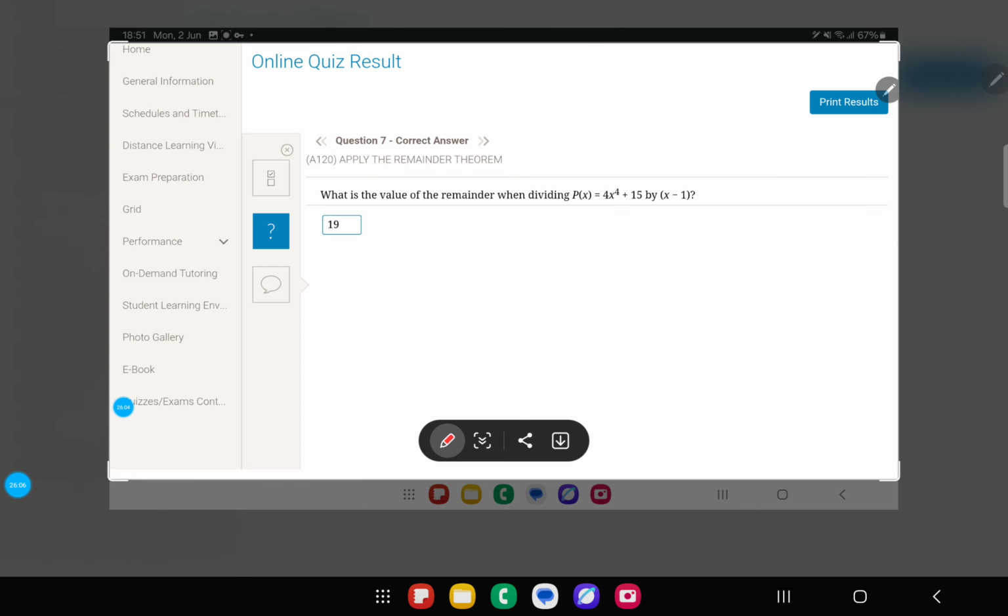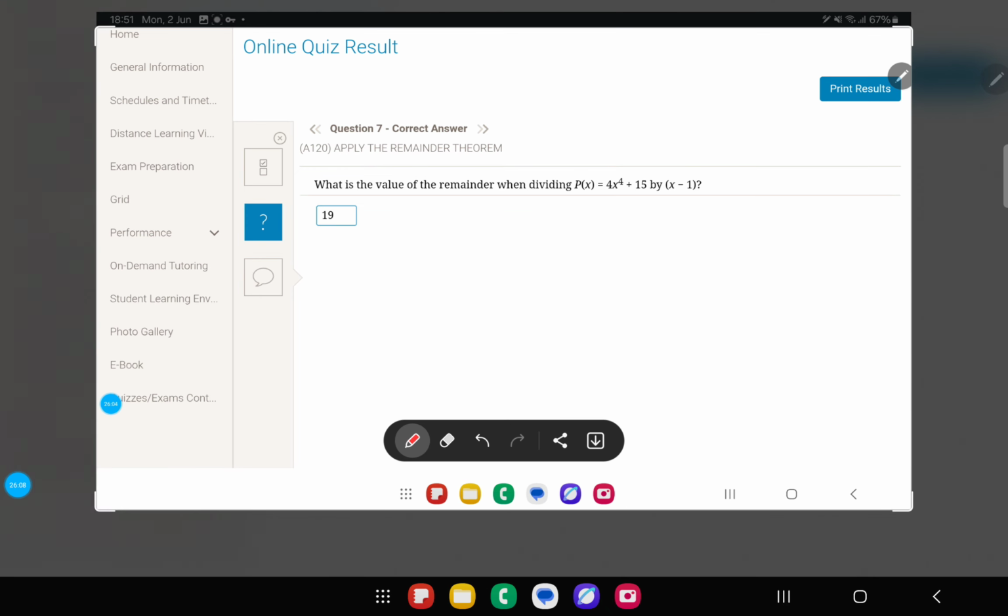Okay. Now we're gonna use the remainder theorem, like I showed you. You're just gonna make x minus 1 into x equals 1. Now we're gonna substitute 1 for x here. So easy. X, whatever square, cube to the power of 4, it's going to be 1 then, so we just don't count them. 4 plus 15, it's just going to be 19. That's it.